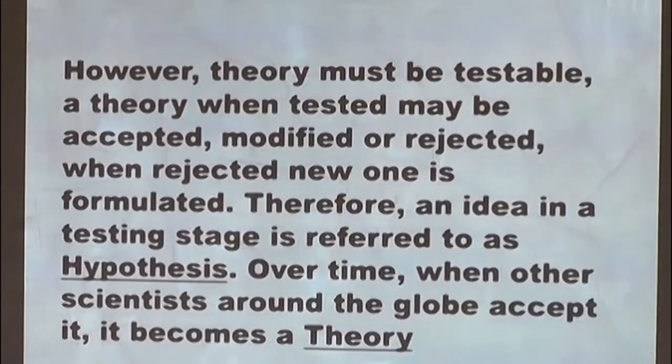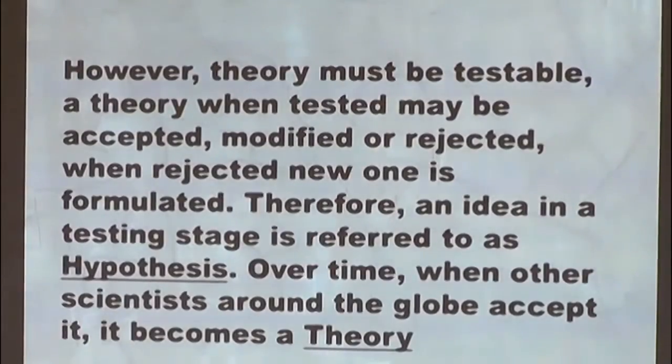It will be worked on by several scientists around the globe. As these scientists are working on it, if they arrive at the same conclusion that you have gotten, of course, this hypothesis will be accepted. And over time, if it is accepted by all the scientists around the globe, it becomes a theory. I hope we all understand.